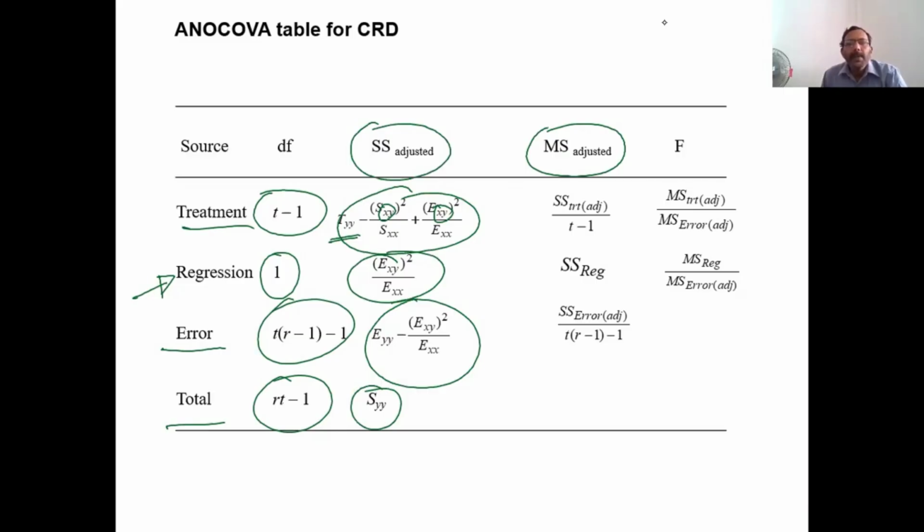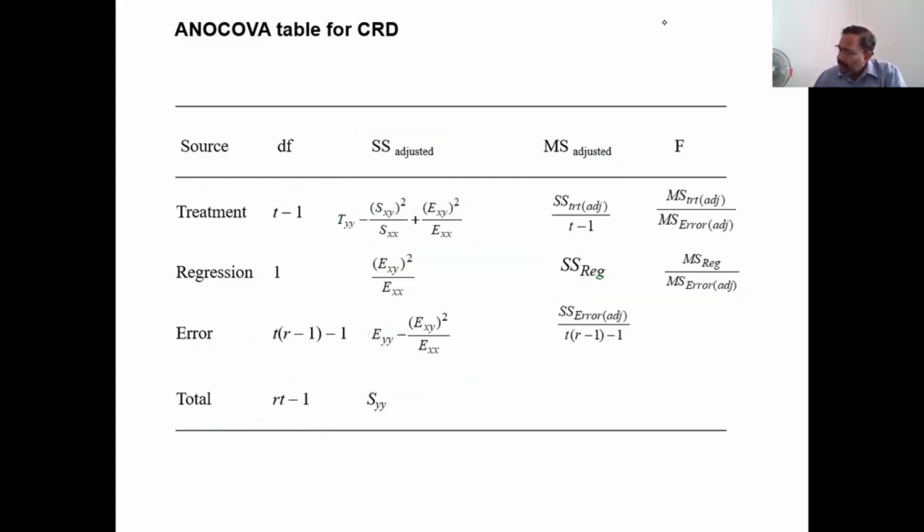But we can go for sums of square adjusted here in this ANOVA. So these are mean squares for respective treatment, regression, and error. We calculate for regression as well. Now we can test this. This is the testing for treatment effect.